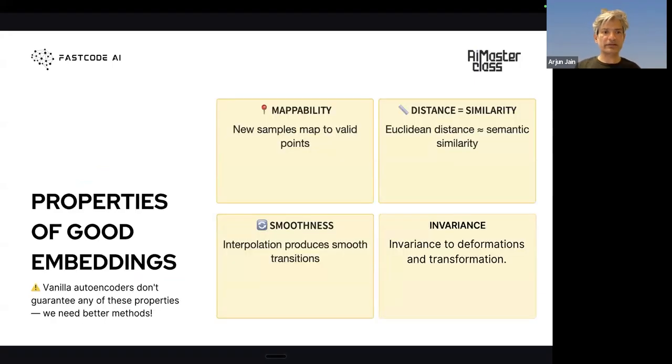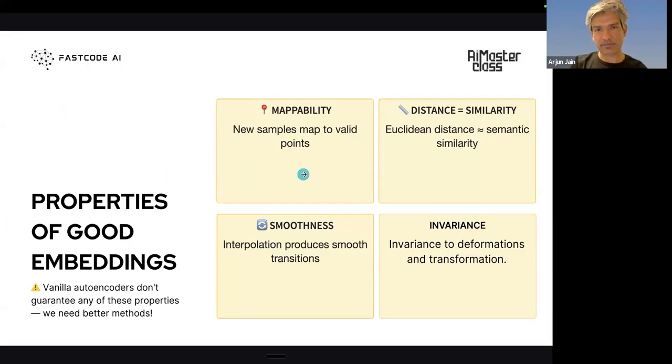Properties of good embeddings. So distance should mean similarity in the Euclidean space. In Euclidean space, distance should mean semantic similarity. If two vectors are close to each other, they should mean the same person. If two vectors are far away from each other, they should mean different classes.